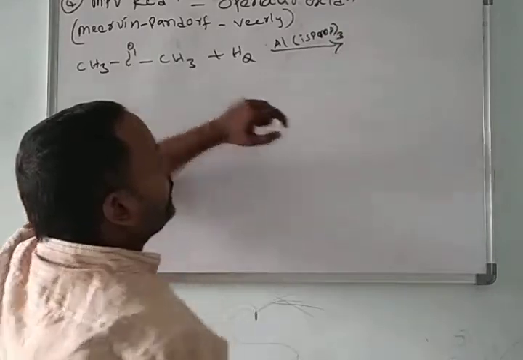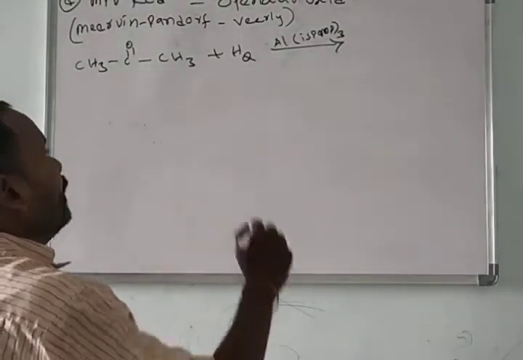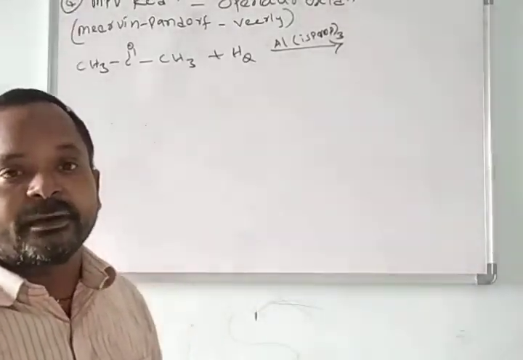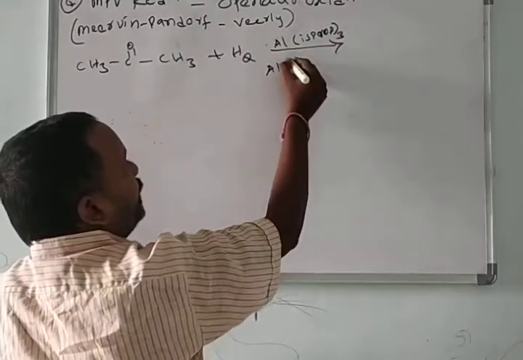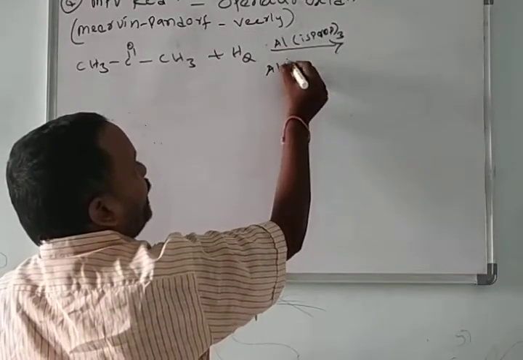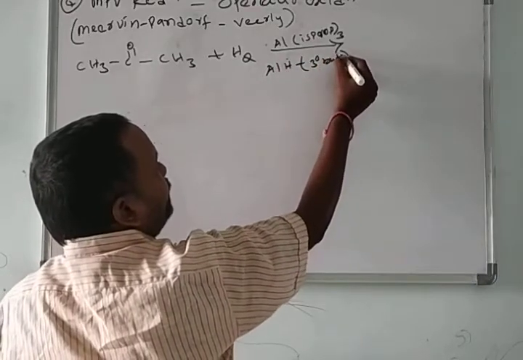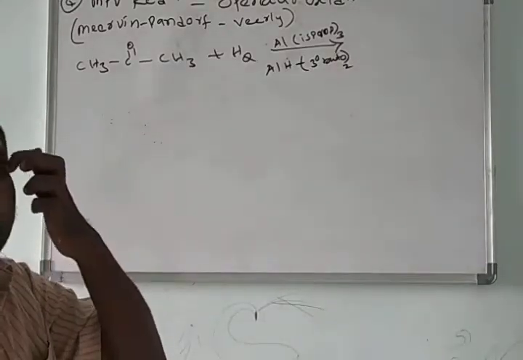Okay, sometimes we use aluminium tertiary butoxide instead of this one. Aluminium tertiary butoxide is also one of the important ingredients.